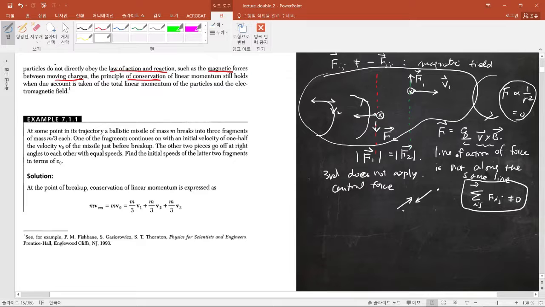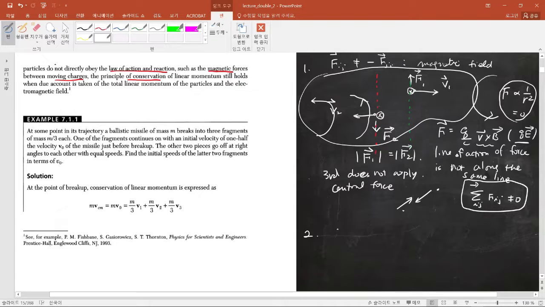Of course, I'm not considering QE, which is always a central force and always satisfies this one. So if I include the electric field part, it will automatically be 0. But for the magnetic force, this does not hold.